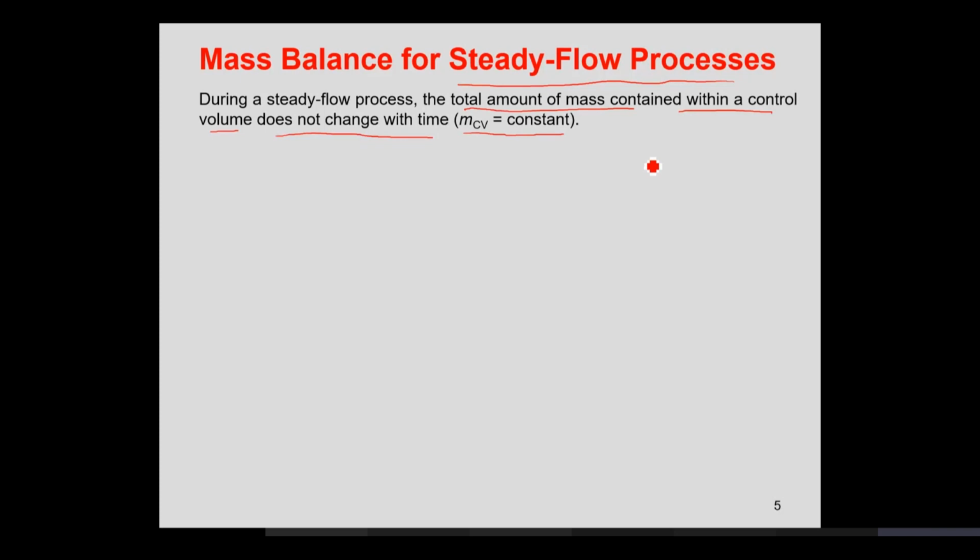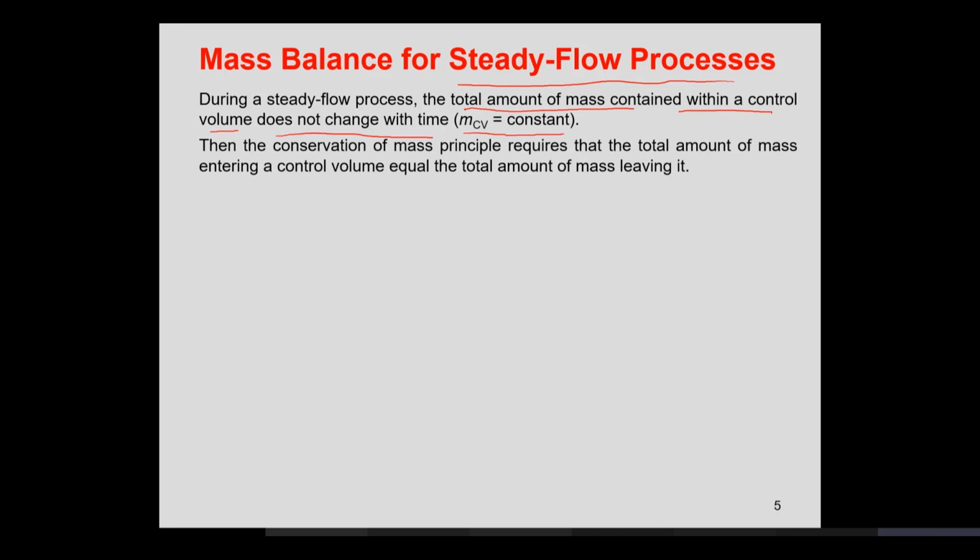Within the given space, the mass of the control volume is constant. That is a steady flow process. With regards to time, the conservation of mass principle then requires that, if the mass of the control volume remains constant with time, the total amount of mass entering the control volume should be equal to the total amount of mass leaving the control volume. Is it clear?